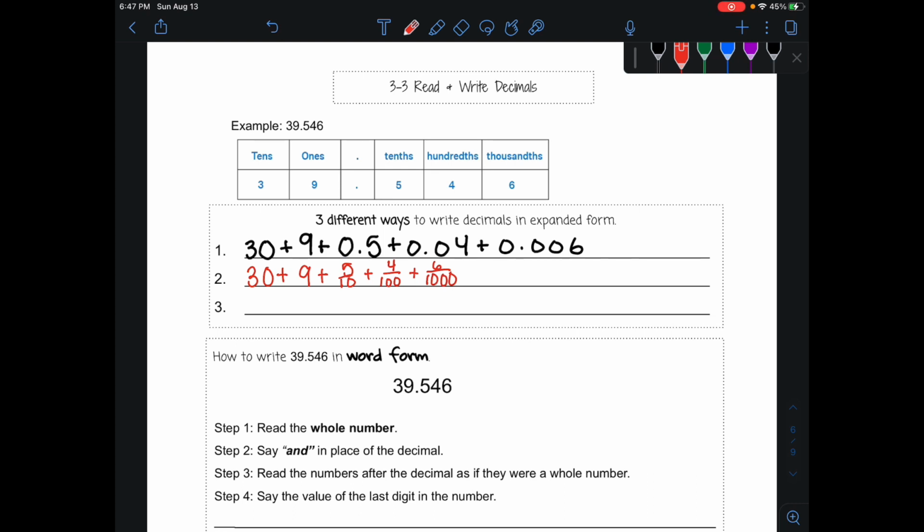And then the third way is by essentially multiplying. So this is how you would write it.